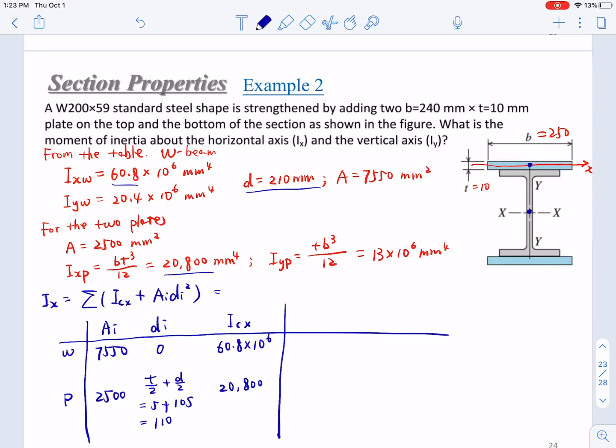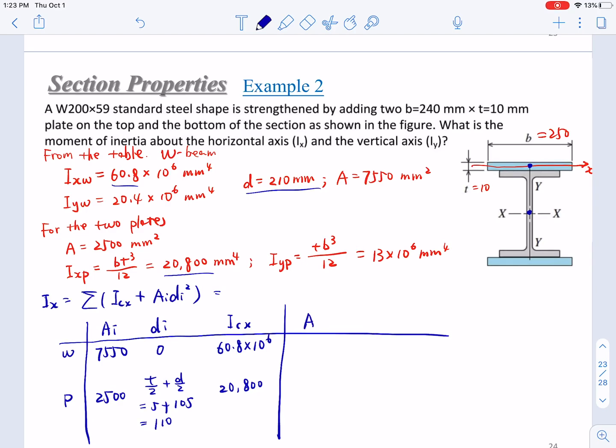So here, this is A_i d_i squared plus ICX. Since d_i equals 0, this is 60.8 million. And here you will have 33 million.